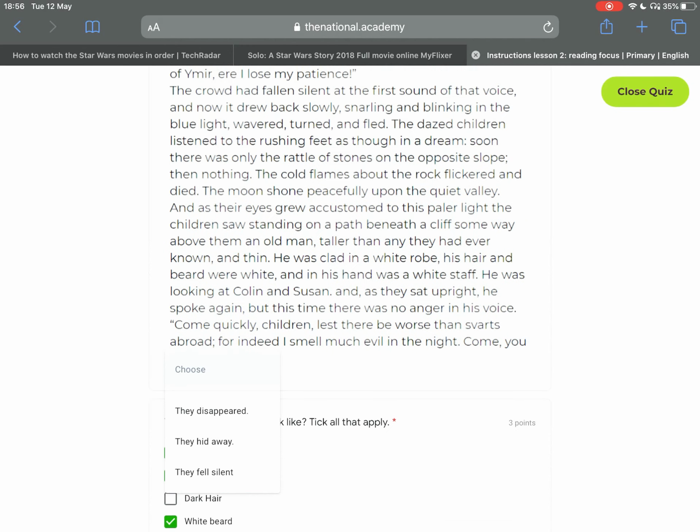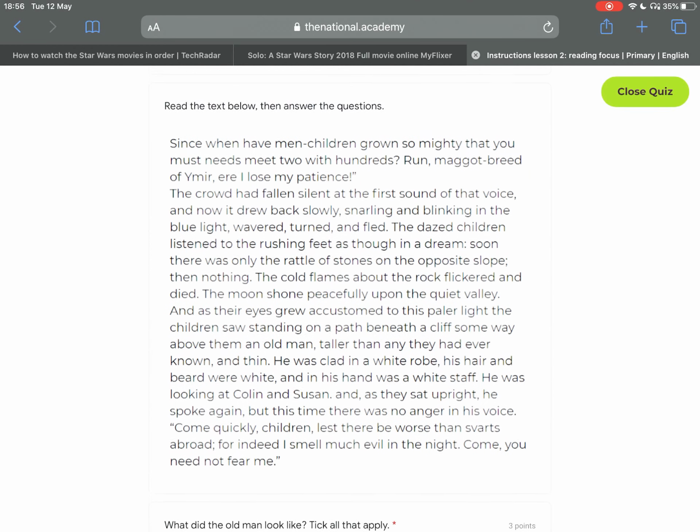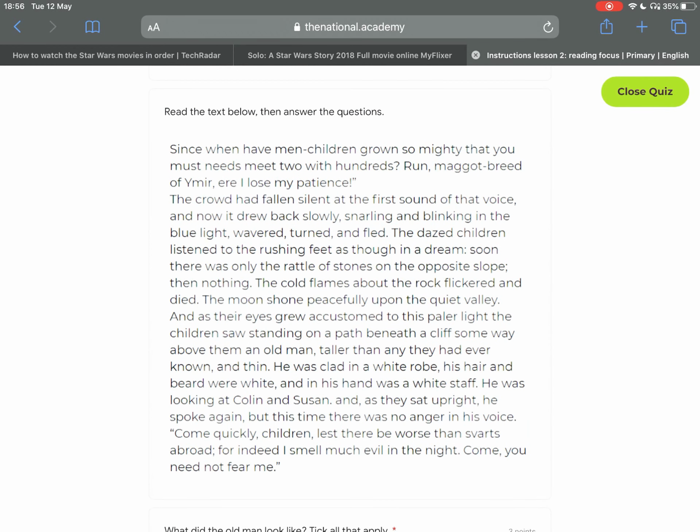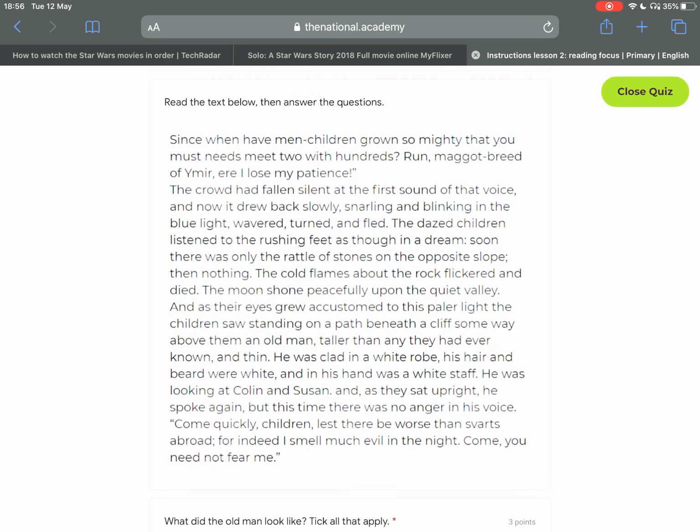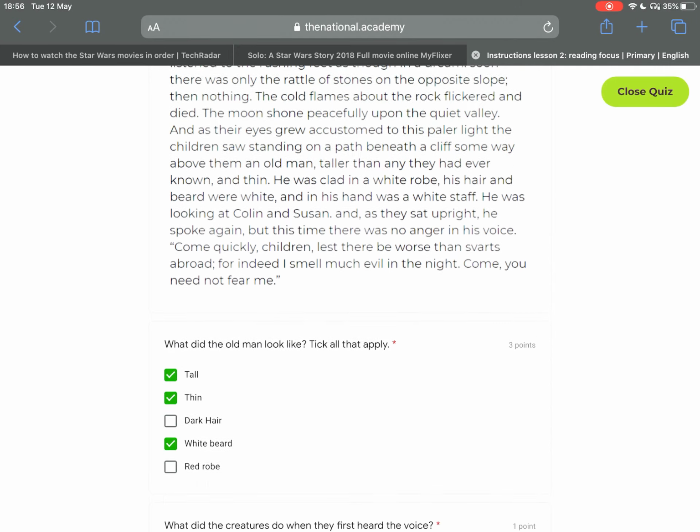Let's see, let's look in here. What does it say here? The coal was flickering, the moon shone peacefully. So let's see.